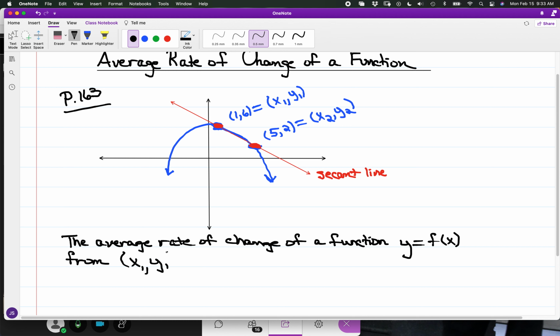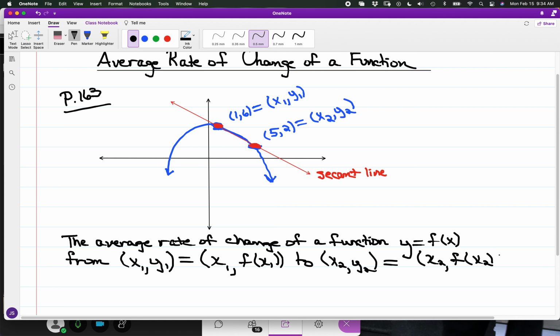So we have going from x1, y1. In functional terms, the x coordinate is x1, and if we have f of x in place of y, that which replaces y1 is f of x1. For the second ordered pair, we have x2, y2, or in functional terms, x2 and f of x2.